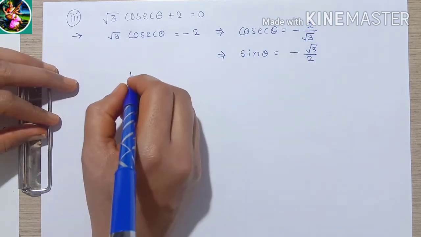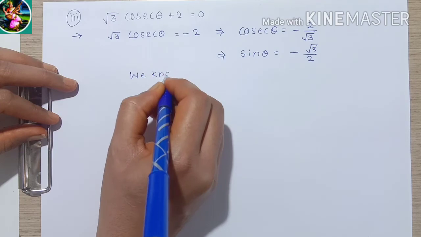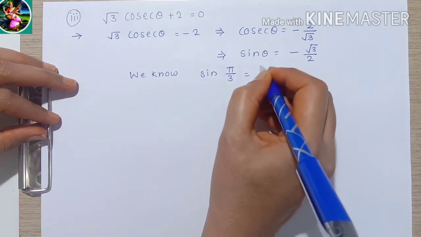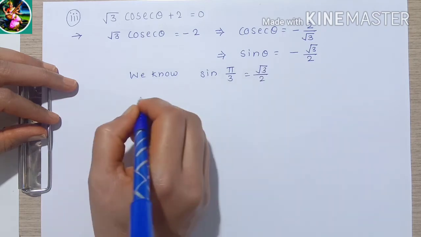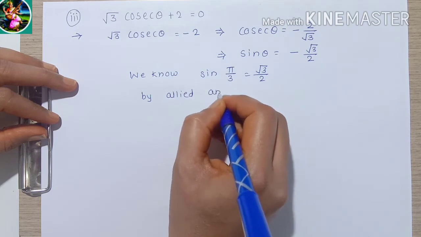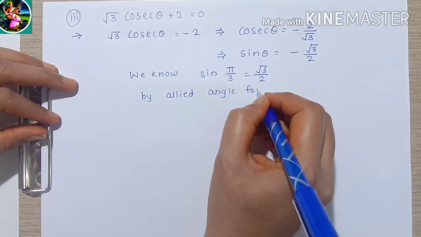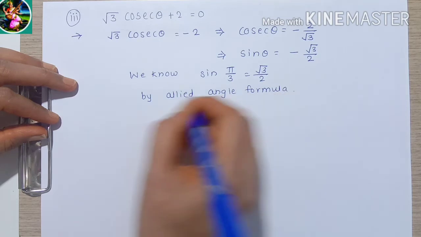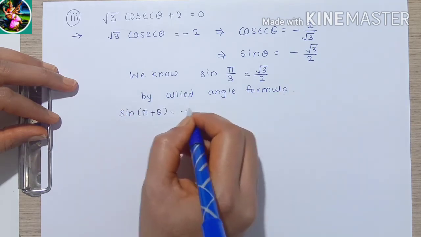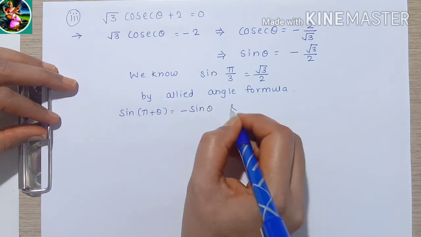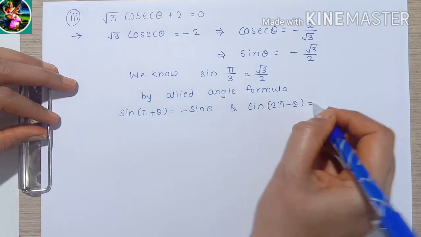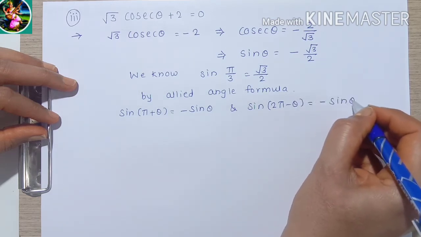As we know, sin of pi by 3 is root 3 by 2, and by the allied angle formula, sin of pi plus theta is equal to minus sin theta, and sin of 2 pi minus theta is equal to minus sin theta.